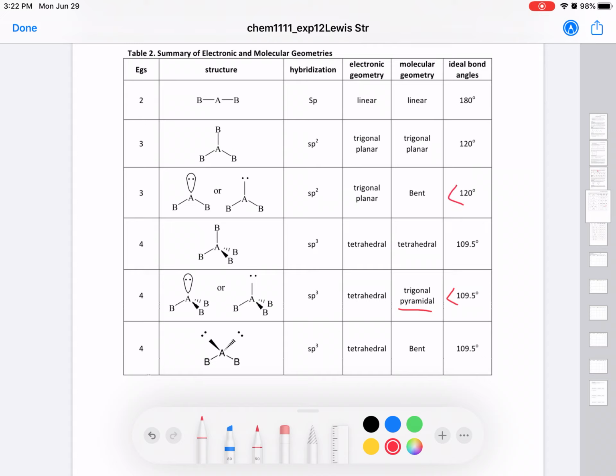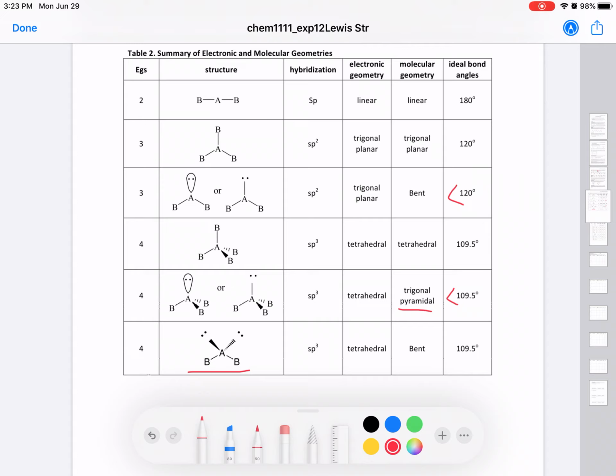And then from the four electron group electronic structure, you can also have two of them be lone pairs. Okay, so then your hybridization is going to be sp3, since you have 4 electron groups, 2 lone pairs and 2 bonds. And then the electronic geometry would be tetrahedral, but the molecular geometry is going to be bent, because the lone pairs also take up some space.